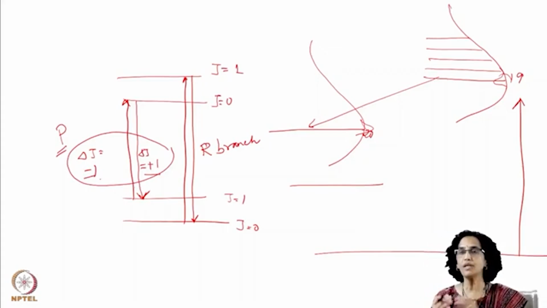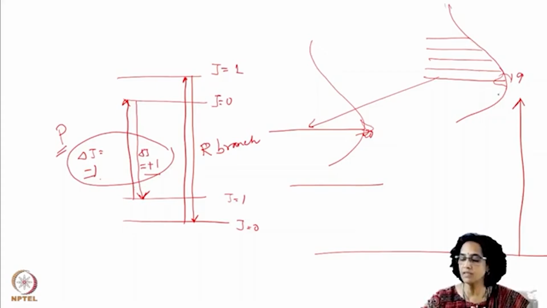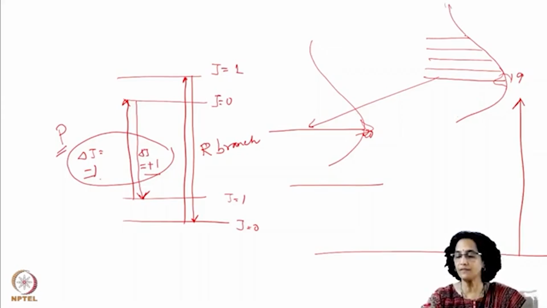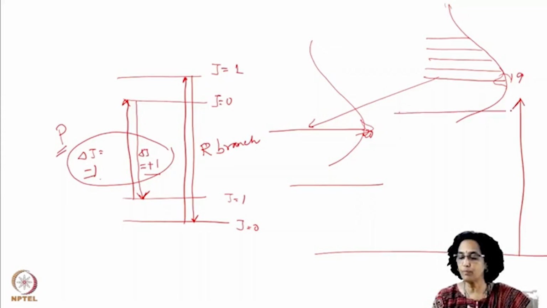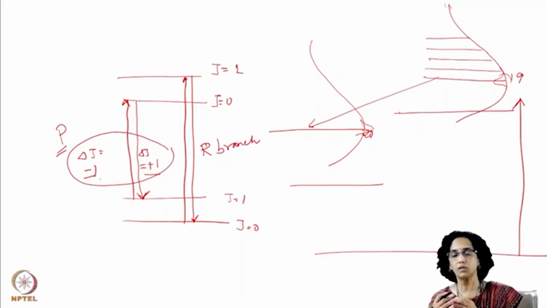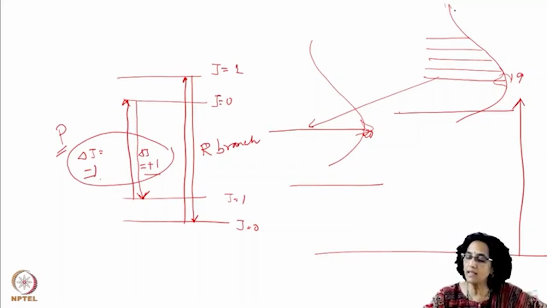So, through collisions, there is a constant redistribution of population between these rotational levels so that this equilibrium is always tried to be maintained. Otherwise, how do you have this population distribution, right? It is because the population which comes to this vibrational level has constant collisions with other molecules, and eventually it assumes this distribution.